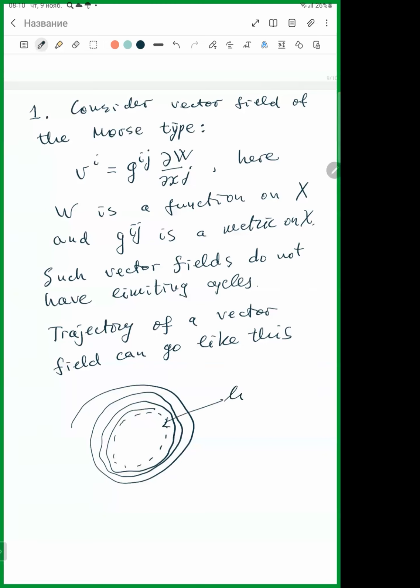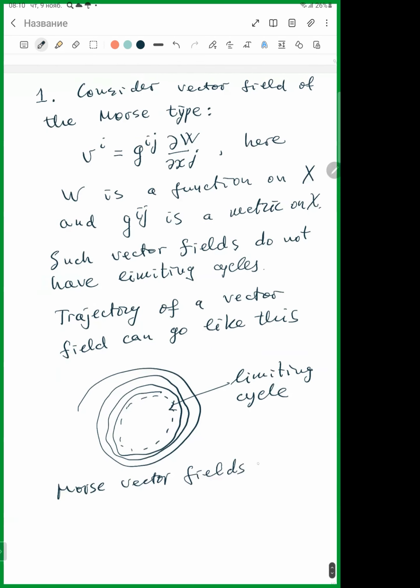And this is called a limiting cycle. So Morse vector fields have no limiting cycles. Only limiting points.